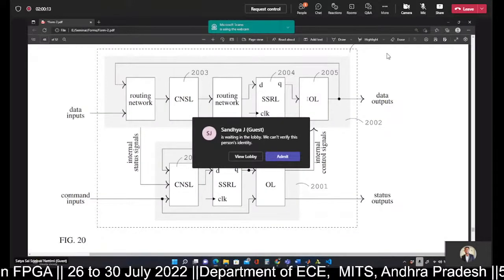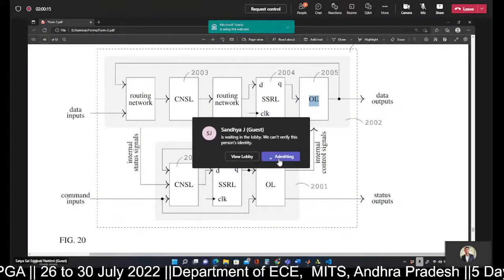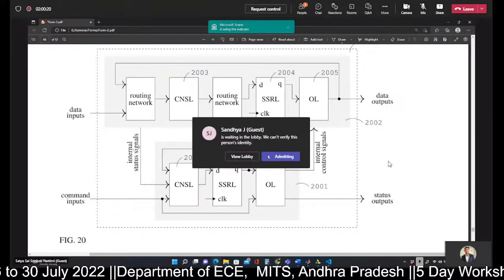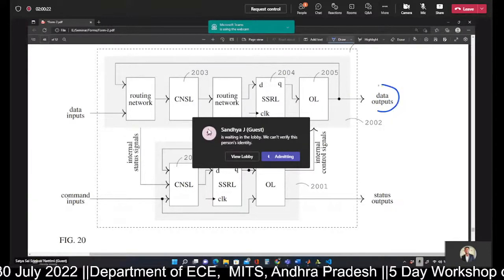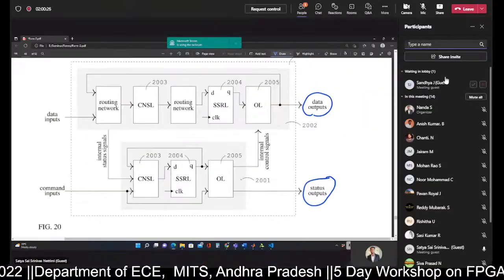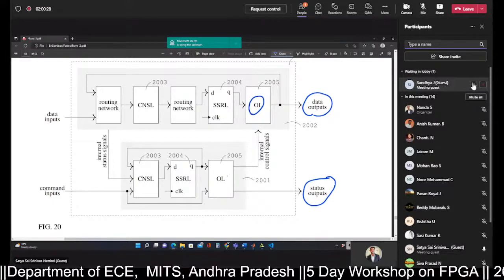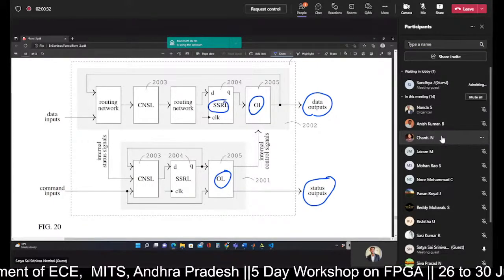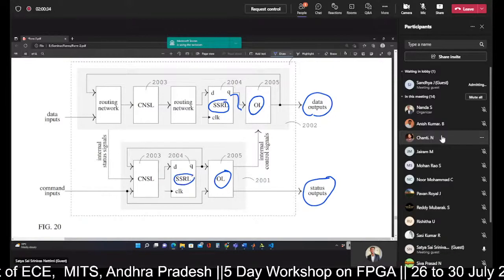Which convention? See, the main outputs of the module, whatever we are having here, are driven by the output logic, that is okay, fine. But how is this output logic coming? It is driven by the sequential state register logic.